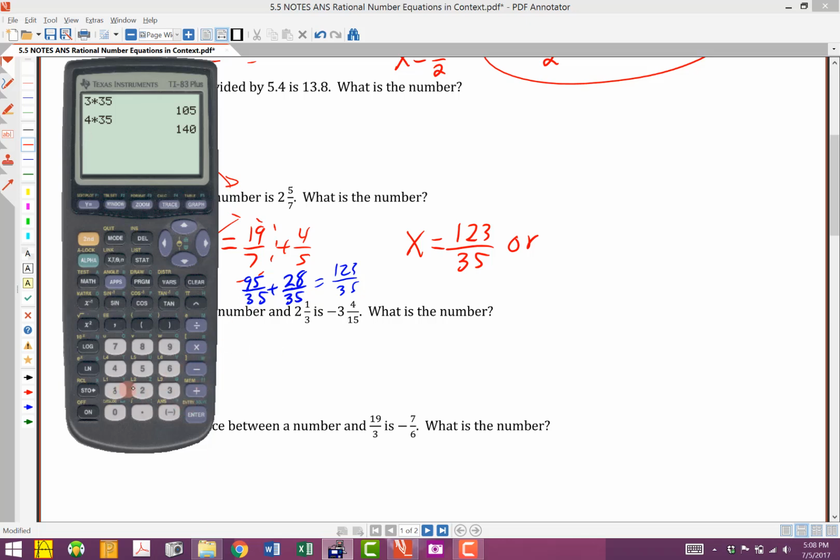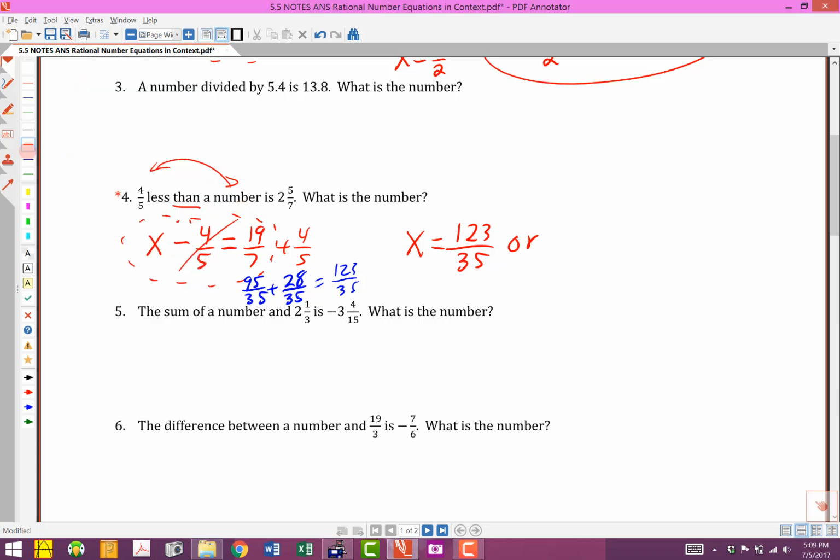So what's left over? What's 123 minus the 105? So 18. So here's what we've got. It goes in 3 times with 18 left over. So this is going to be 3 and 18/35, and we can't do anything to reduce that, so we'd be finished right there.